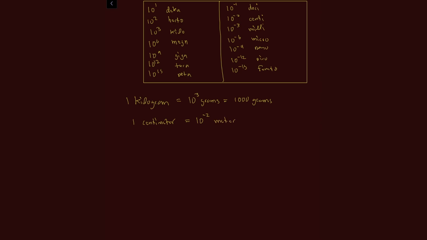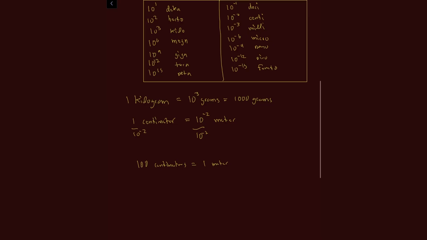Or, similarly, you could divide by 10 to the negative 2, and it would be the same to say that 100 centimeters is equal to 1 meter. It just depends on how you want to memorize it and look at it, whichever one comes easiest to you.